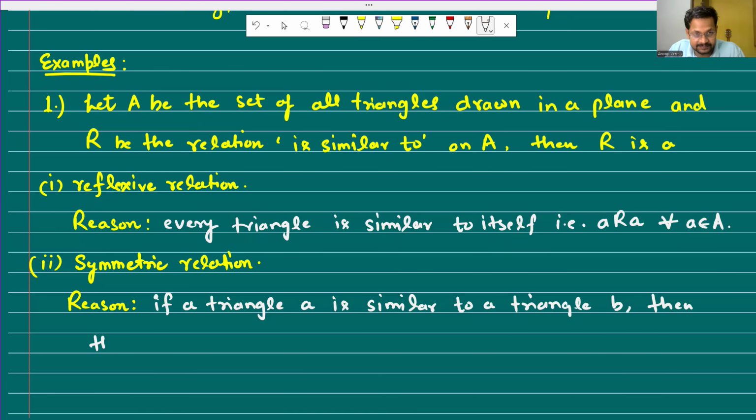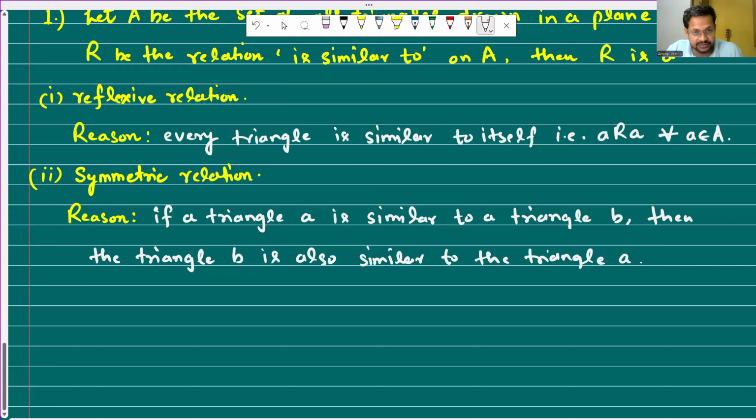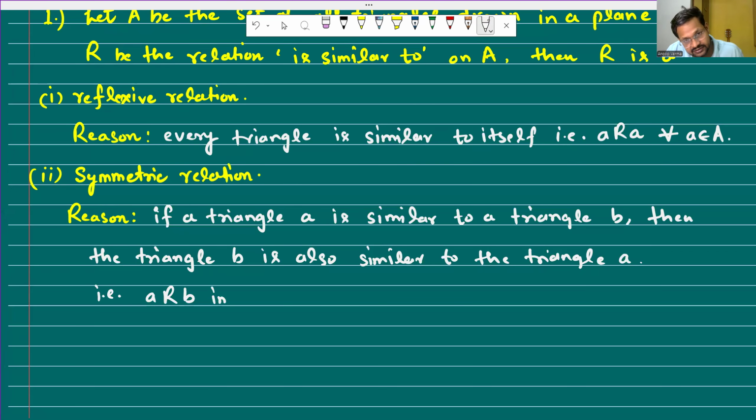Then the triangle B is also similar to the triangle A. So you can easily say that if A is related to B, this implies B is related to A, clear?